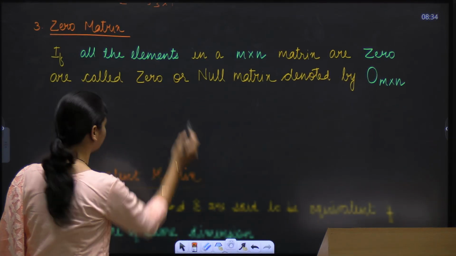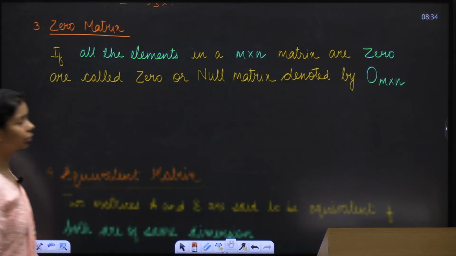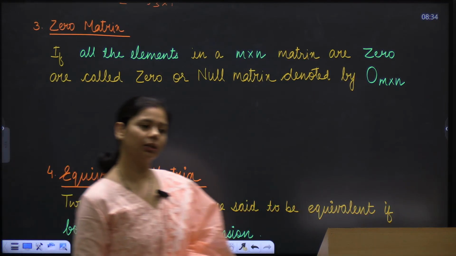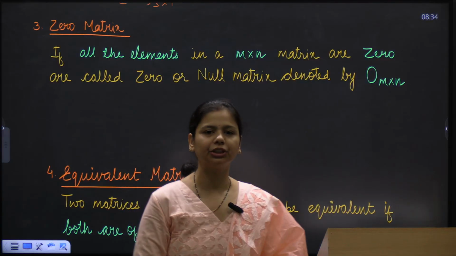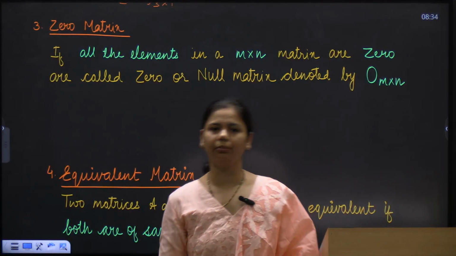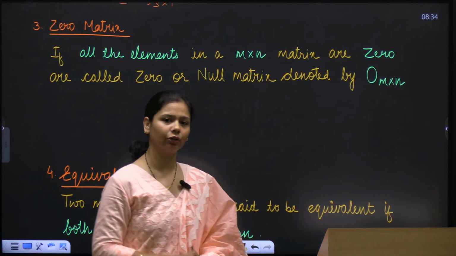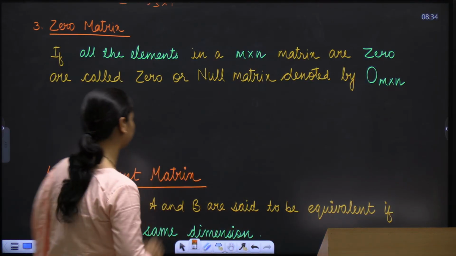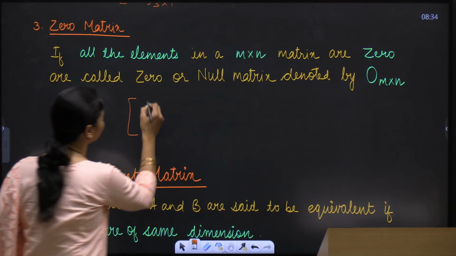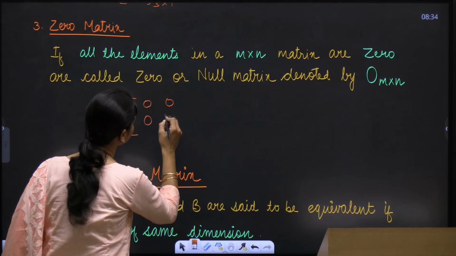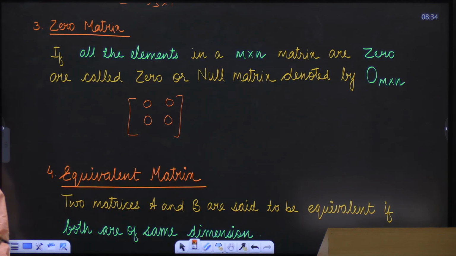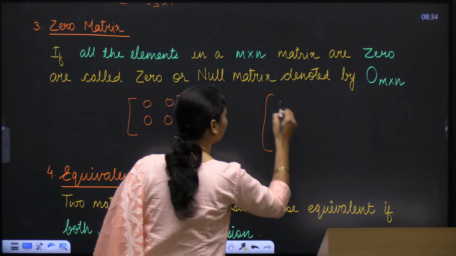The next type is the zero matrix. Zero matrix: if in an m by n dimension matrix, all elements are 0, then this kind of matrix is called a zero matrix. The example of this matrix is like this.